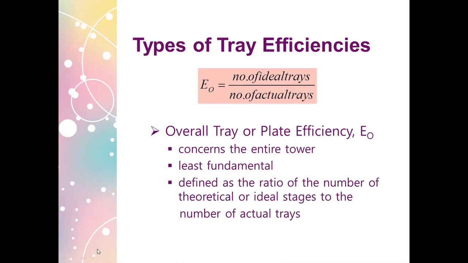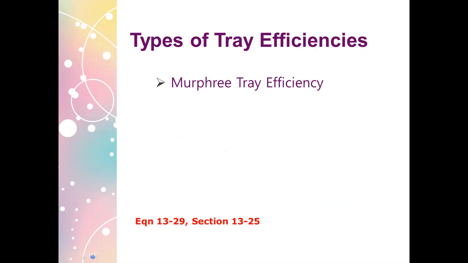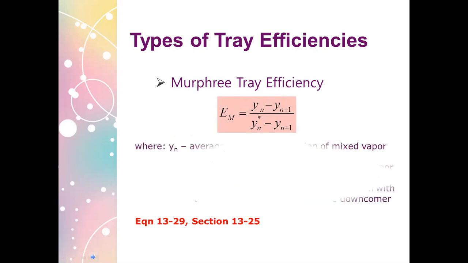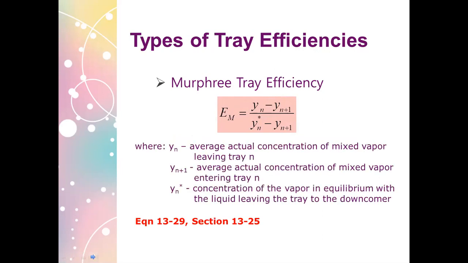Why I say very simple is because if you go to the next one, let's compare it with the Murphree tray efficiency. This time, you are not only considering numbers of stages, but rather concentration. So we're now taking into account the mole fraction of the vapor that leaves a particular tray or stage. It's defined here what y sub n, y sub n plus 1, and y sub n asterisk represent.